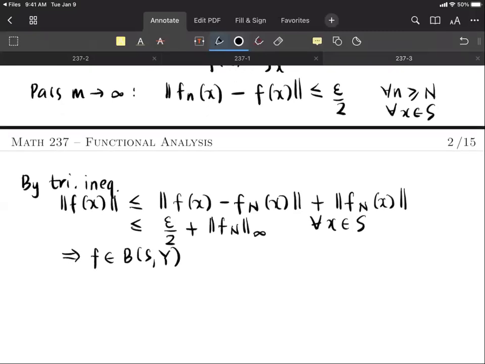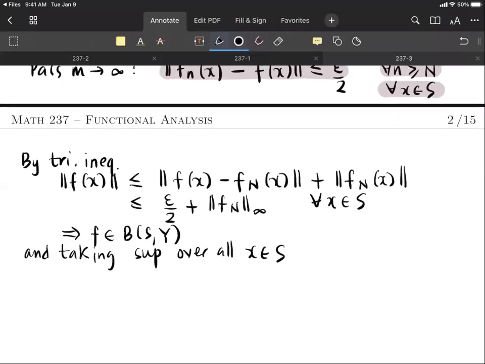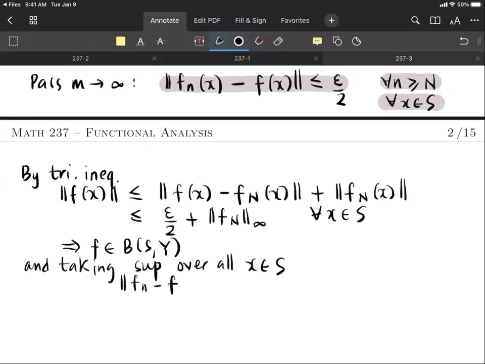And then if I take the supremum over all x in S in this inequality here, since this is true for any x in S, we have that the sup norm of the difference is less than or equal to epsilon over 2.